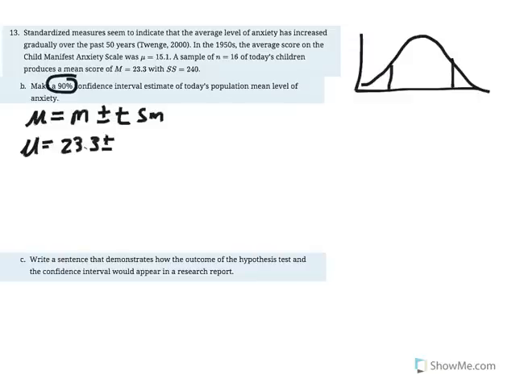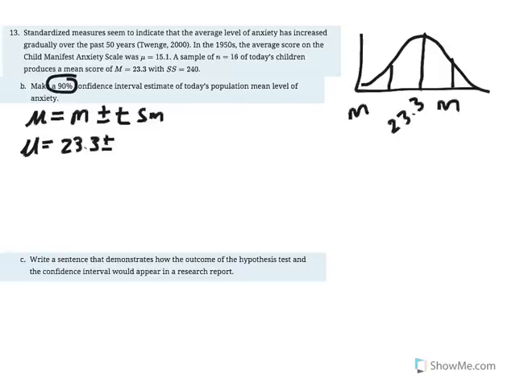So we are saying that we're going to solve for mu here and mu here using 23.3 as the center.